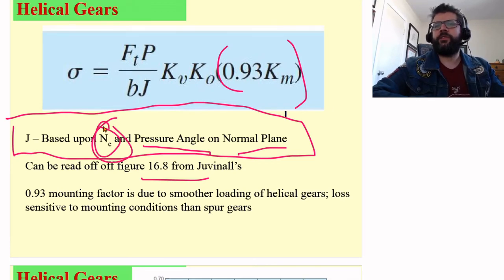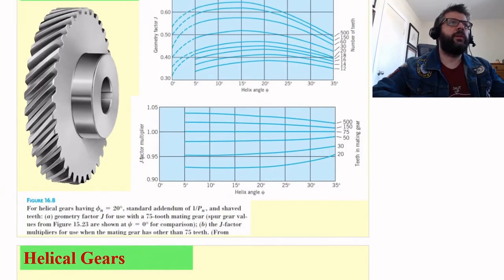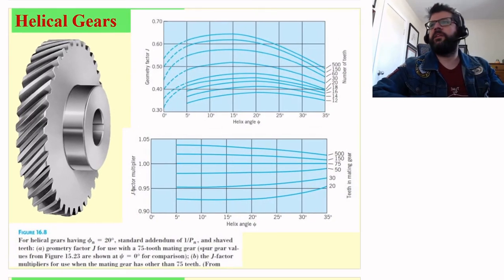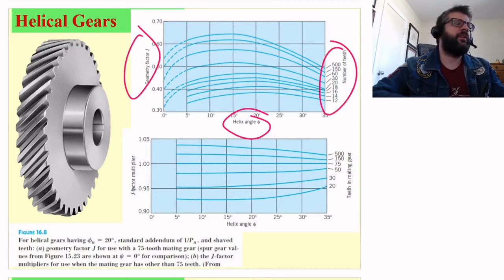So this figure that I mentioned, it's right here. Essentially, if we know what the helix angle is, we can read off what the J is based upon the helix angle and the number of teeth for the gear that we're talking about.